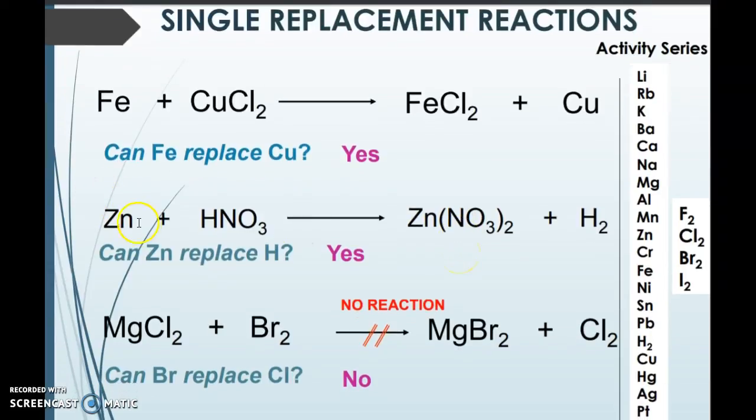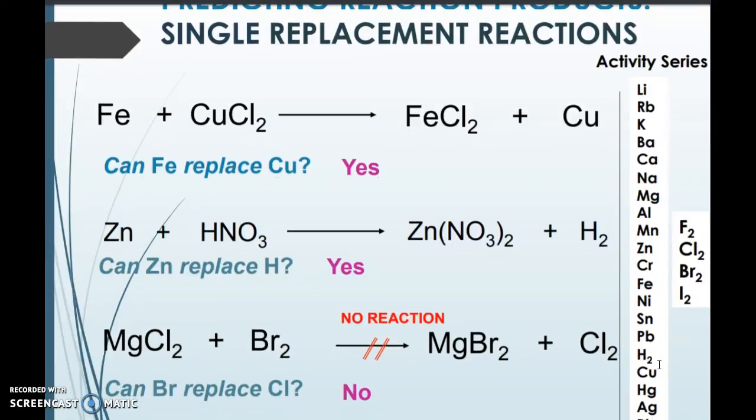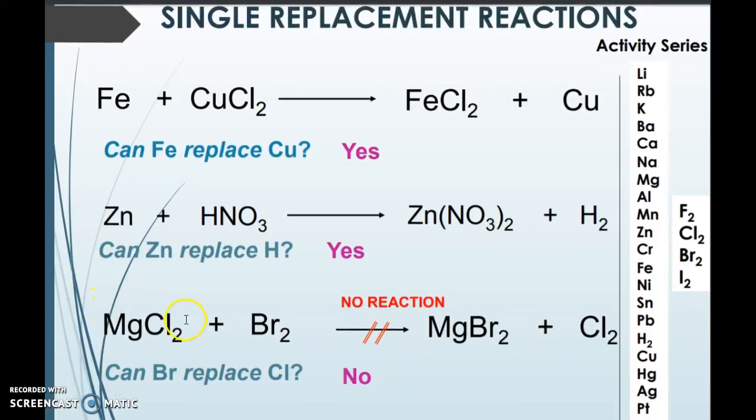The next one, zinc plus nitric acid, is yielding zinc nitrate plus hydrogen. So when we look at this, we're looking at zinc and hydrogen. Hydrogen is way down here. Zinc is way up here. Zinc can knock hydrogen out, and therefore there's a reaction. But in the next one, magnesium chloride and bromine.